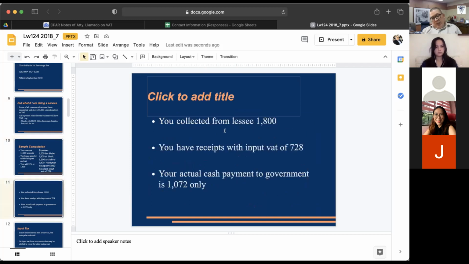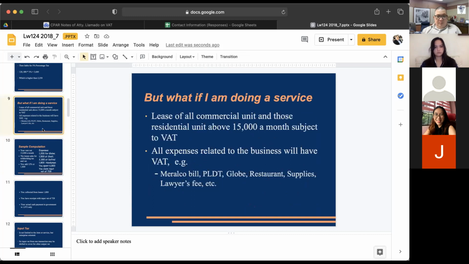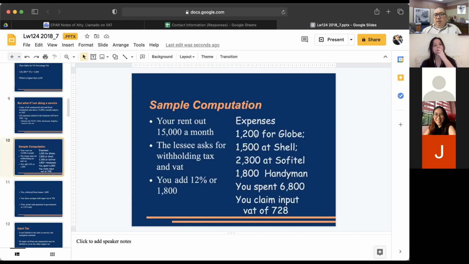But you have expenses. You pay 1,200 for Globe a month. You have gasoline expense of 1,500. You have 2,300 for buffet every month, once a month. Then you buy from one handyman, 1,800. So you spend a total of 6,800. All of these are vatable. Diba?